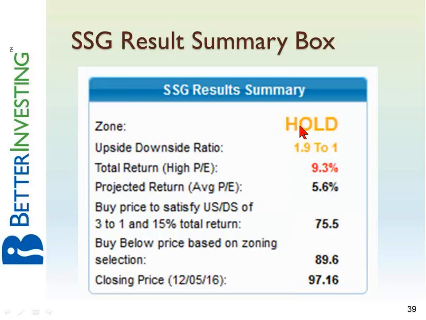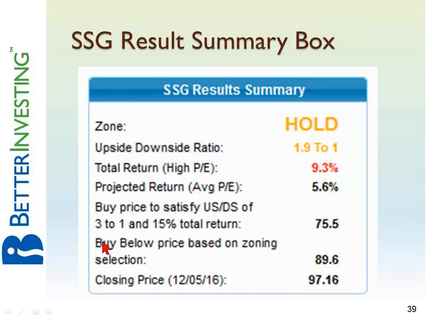What we've indicated is what zone you're in, buy, hold, or sell, theoretically, what that upside-downside ratio is, the total return, or the return using an average PE calculation, so this is a more conservative projected return, sometimes known as par. We have this buy price here to satisfy an upside downside of 3 to 1 and a 15% total return. That buy price is 75.5.